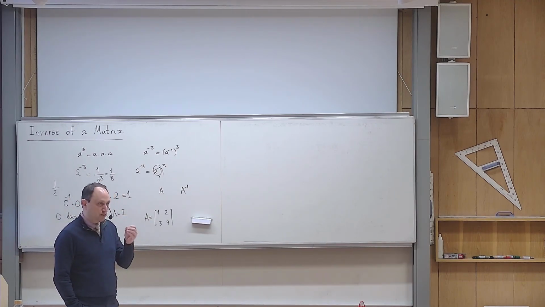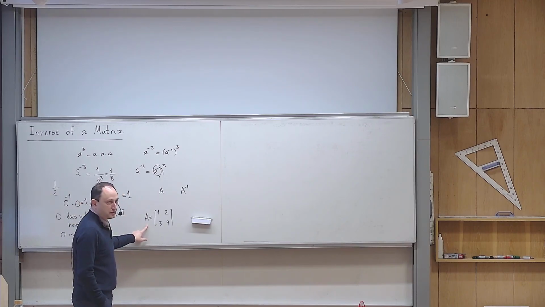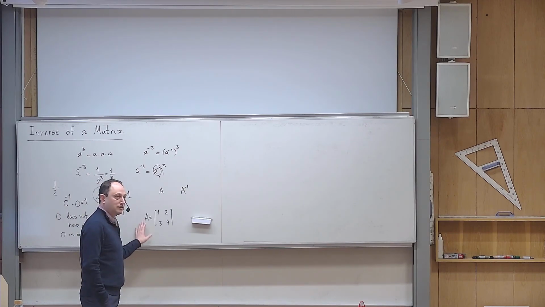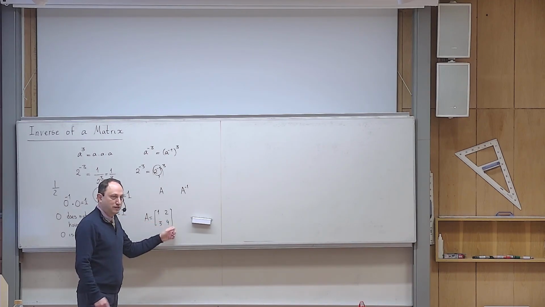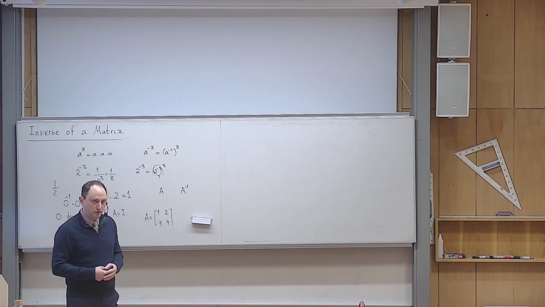In case we can find such a matrix, this matrix is called invertible. We will see that the answer is not always yes. Sometimes it is possible, sometimes it is not possible. For the cases where it is possible, we say that the matrix is invertible, and the matrix that you find with the property that when it is multiplied by this gives you the identity matrix is called the inverse of the matrix.